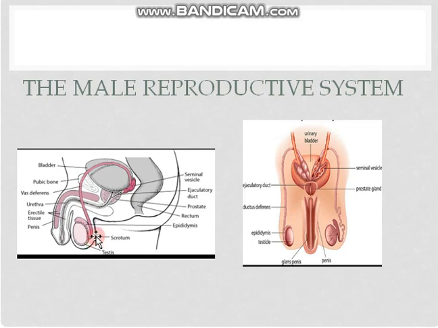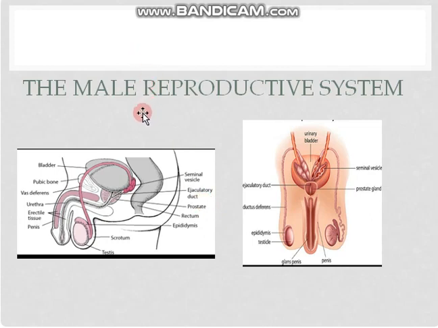Prostate gland. We have the prostate here, and its role is to secrete a milky fluid that mixes with the sperm to form semen during ejaculation.